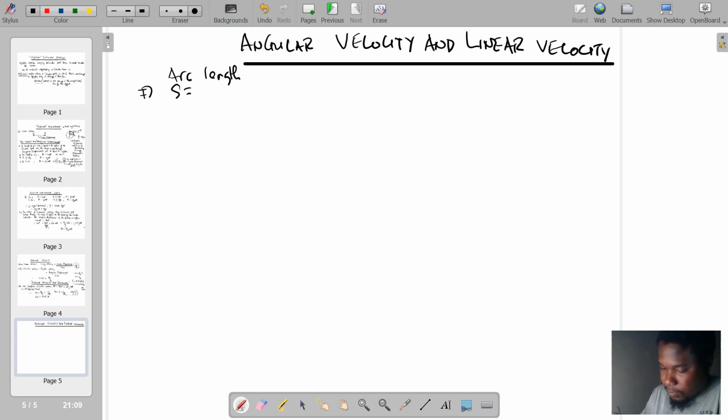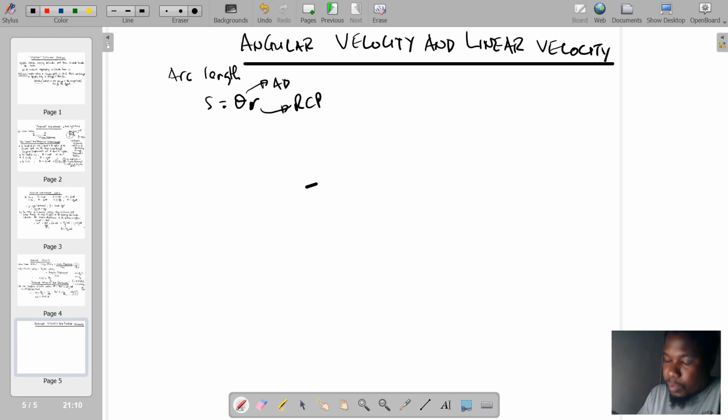Arc length, which is S, is equal to theta times r. I think you remember this when we were introducing the concept of angular displacement. We said the length of the arc is equal to the angular displacement times radius, and remember, this is angular displacement and this is the radius of the circular path.